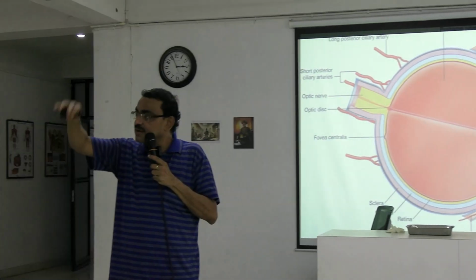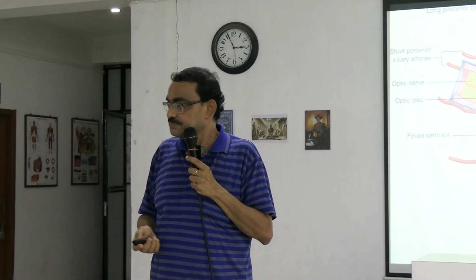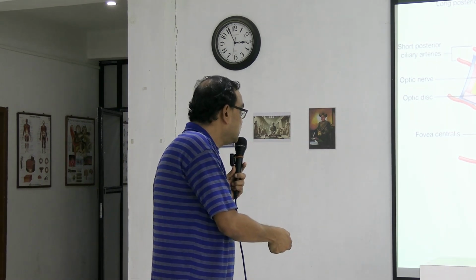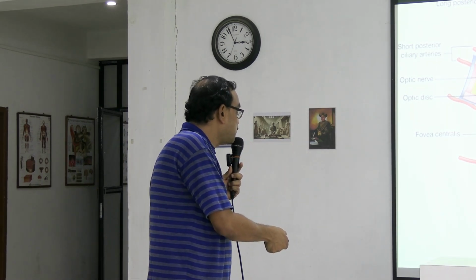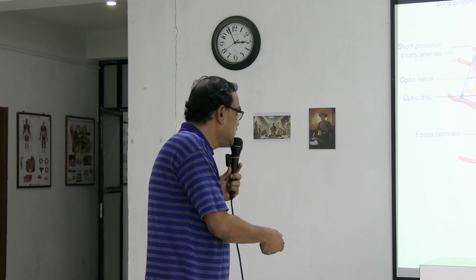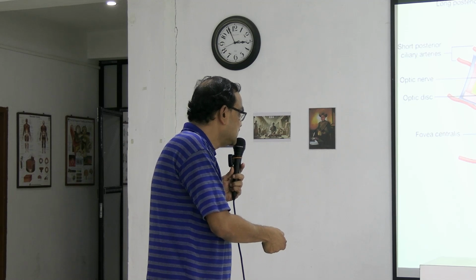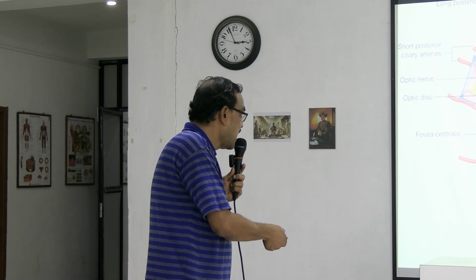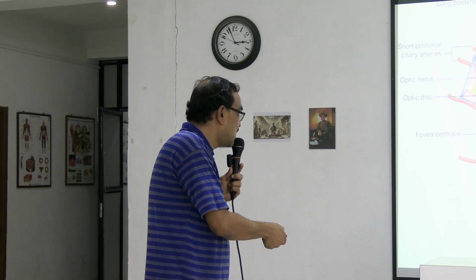So it is also covered by that pigment layer. The next one is the ciliary body. Here we can find some processes which are called the ciliary processes, and inside we will get the ciliary muscles. It is also covered with that pigment layer, and after that it also covers the iris.